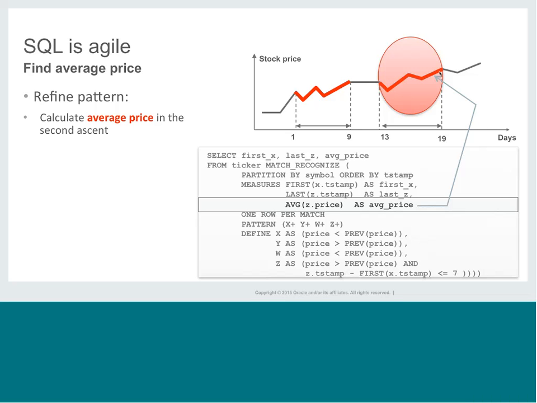Now, there are certain things that you can't do, like put in window functions. Window functions are not supported in the measures clause, but things like average, max, min, sum, count, etc. definitely are. So there are some restrictions on mathematical elements that go in here. Not many.